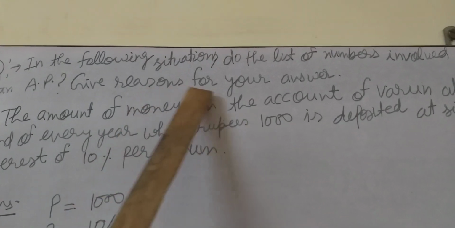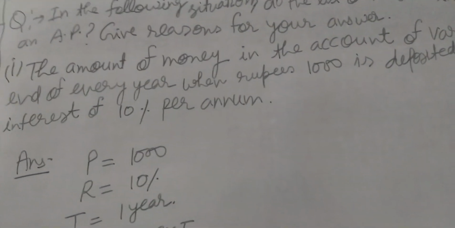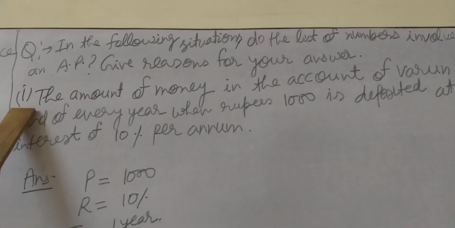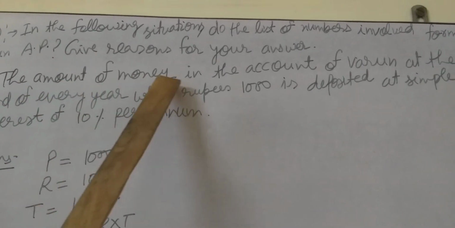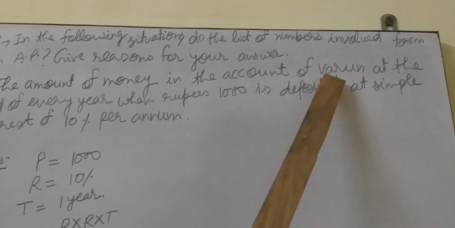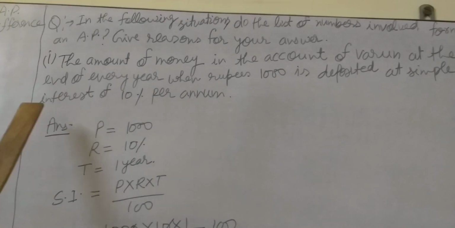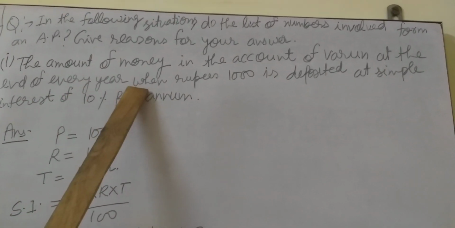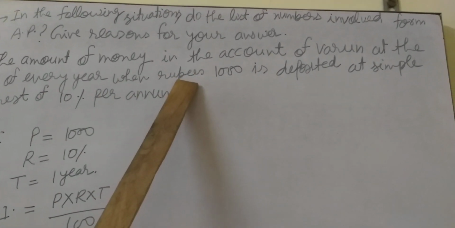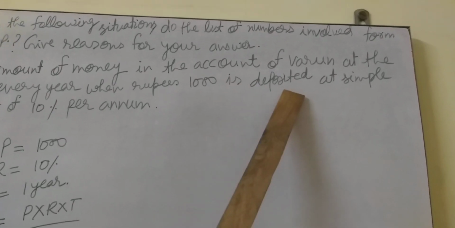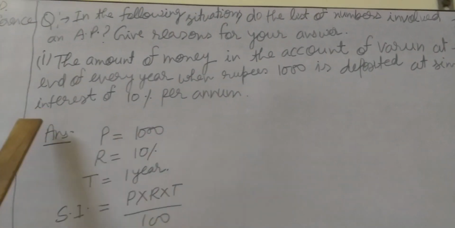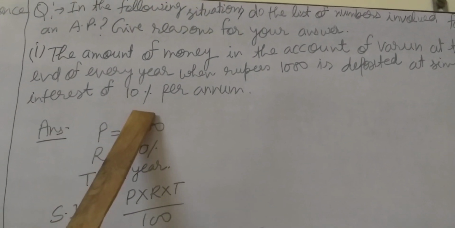Give reasons for your answer. So the first situation is given to us: the amount of money in the account of Varun at the end of every year when ₹1,000 is deposited at simple interest of 10% per annum.